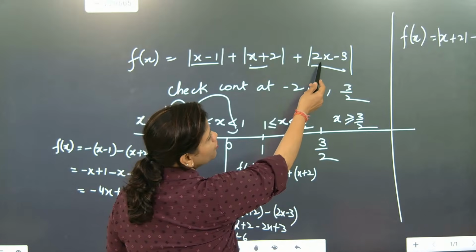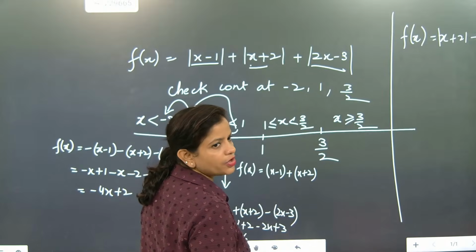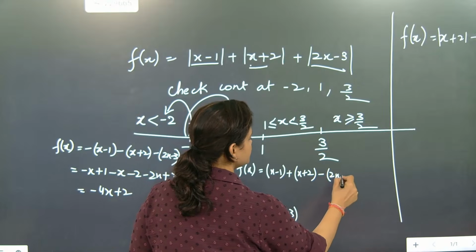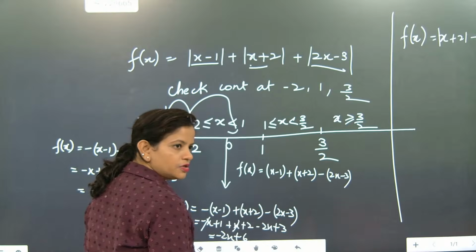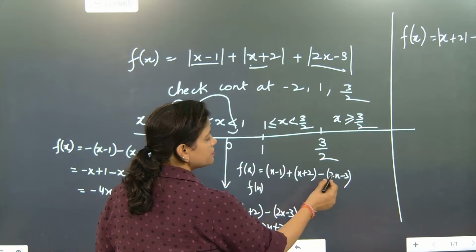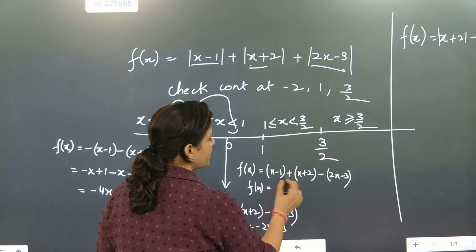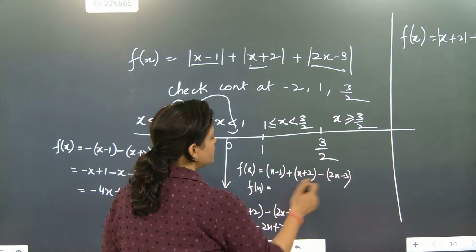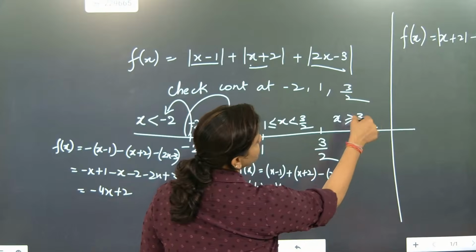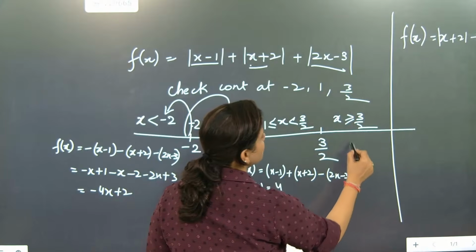Here 1.25 into 2, is it going to be plus or minus? Minus. Understood? So f of x here is coming as 2x minus 2x, 0, minus 1 plus 2, 1. 1 plus 3 will become 4. Direct.